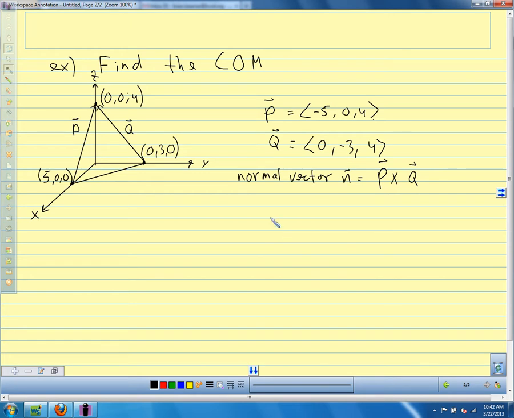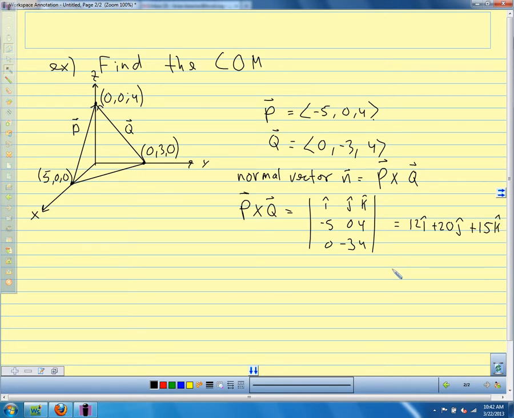So let's form that cross product, P cross Q. -5, 0, 4. 0, -3, 4. When I do this cross product, I end up with the vector 12i plus 20j plus 15k. So that's our normal vector to our plane.